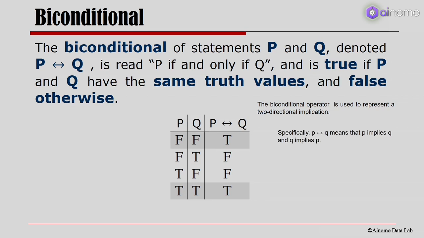Specifically, P if and only if Q means that P implies Q and Q implies P. Conversely, if both P implies Q and Q implies P are true, then P if and only if Q is true.